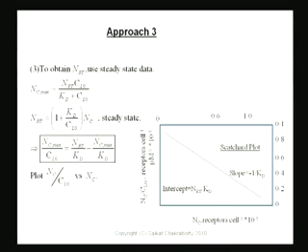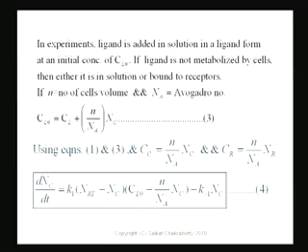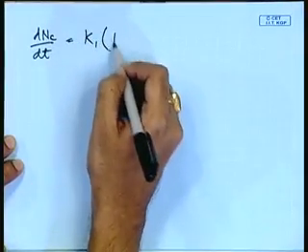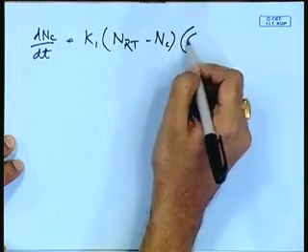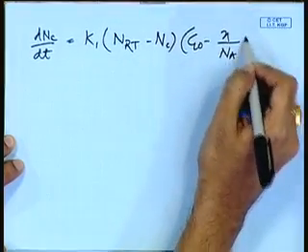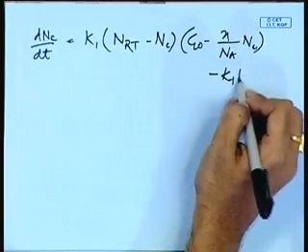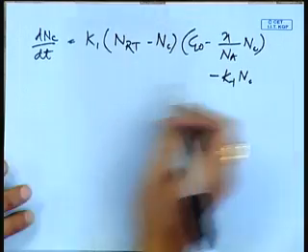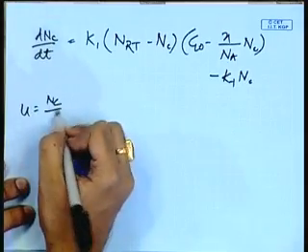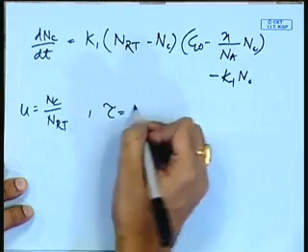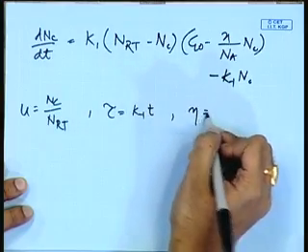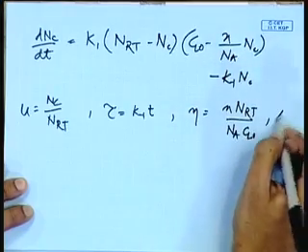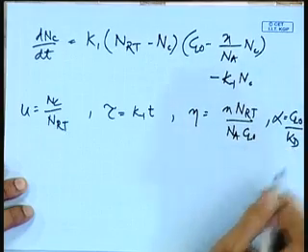Equation 4 was, so then U equals C naught over Kd.